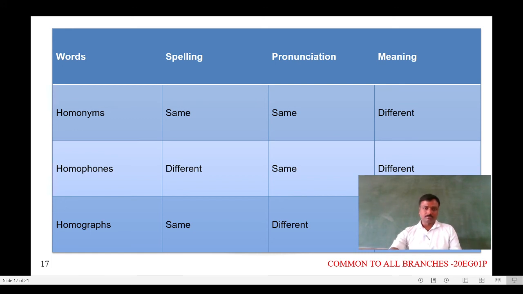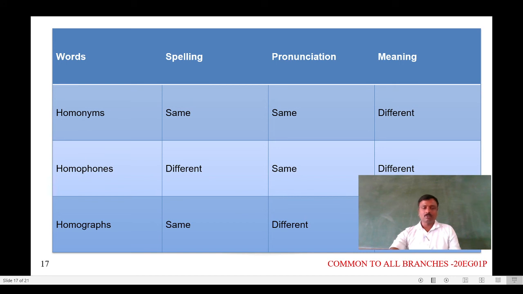Bow means to bend the upper part of the body in order to show respect. Another bow means a ribbon folded and knotted, which is used to wear in the collar, especially with a blazer. Like this we use, and I have already mentioned wind.